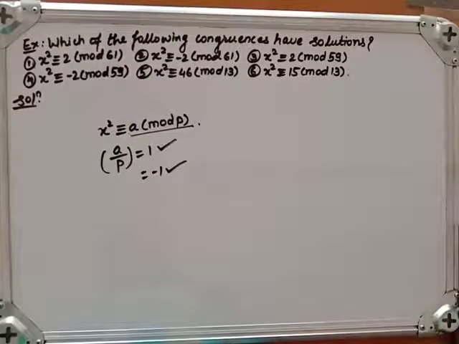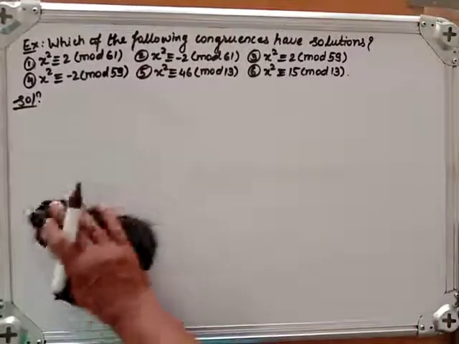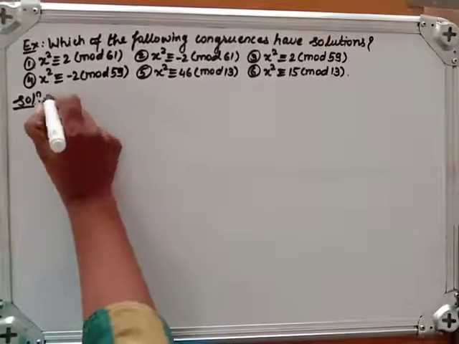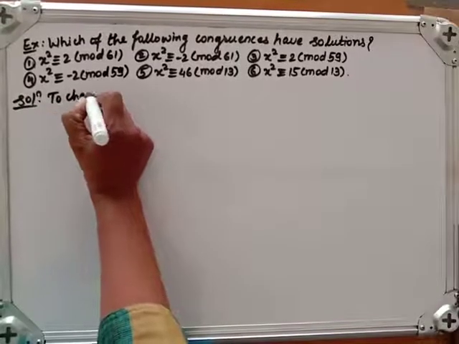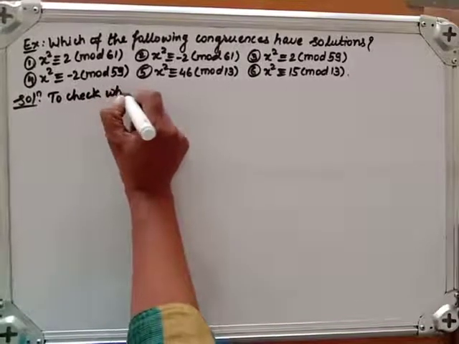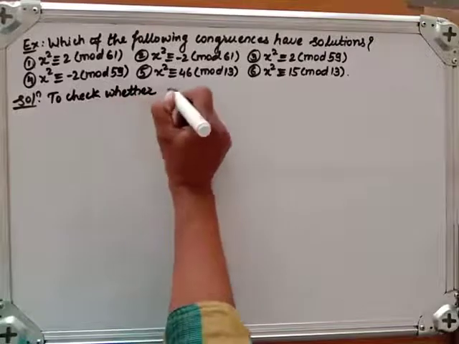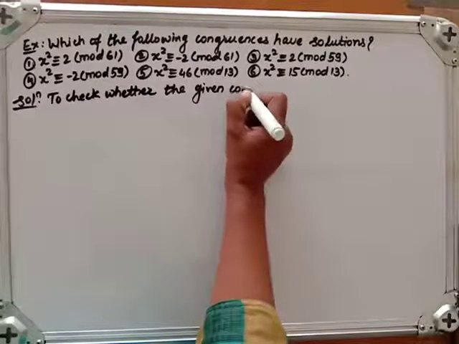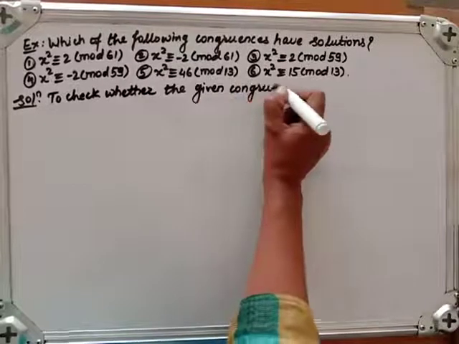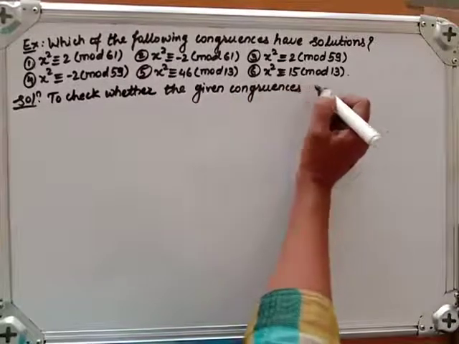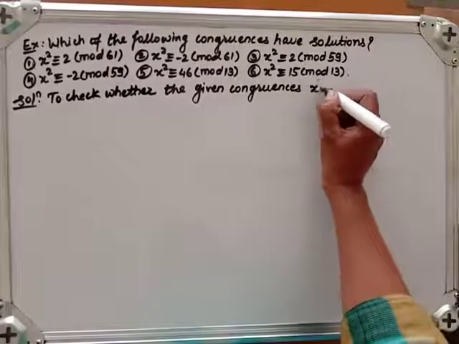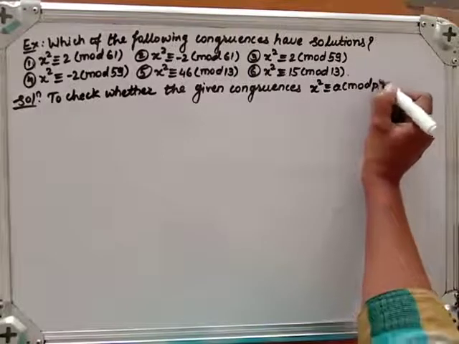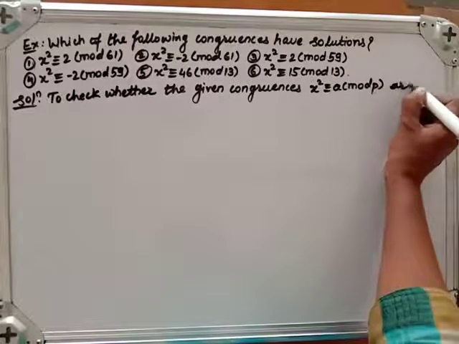Okay, so let me write that part so that you can easily memorize it. It will be a common thing to check whether the given congruence x squared congruent to a modulo p is solvable.